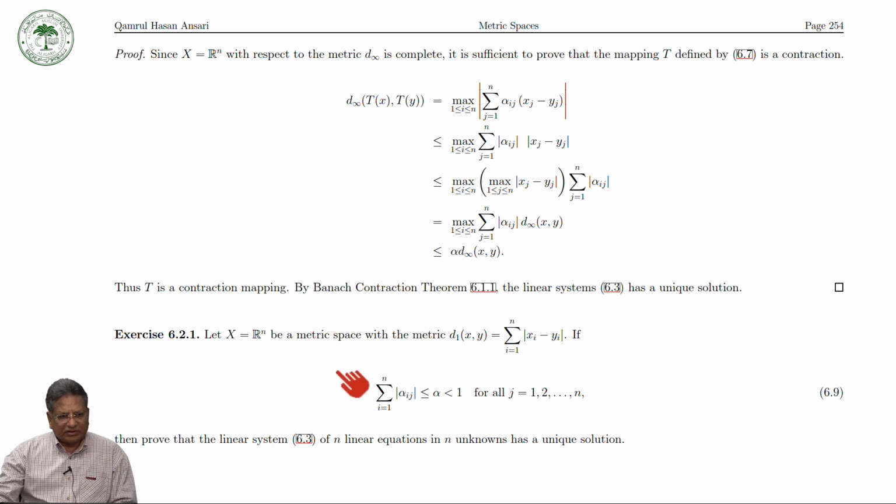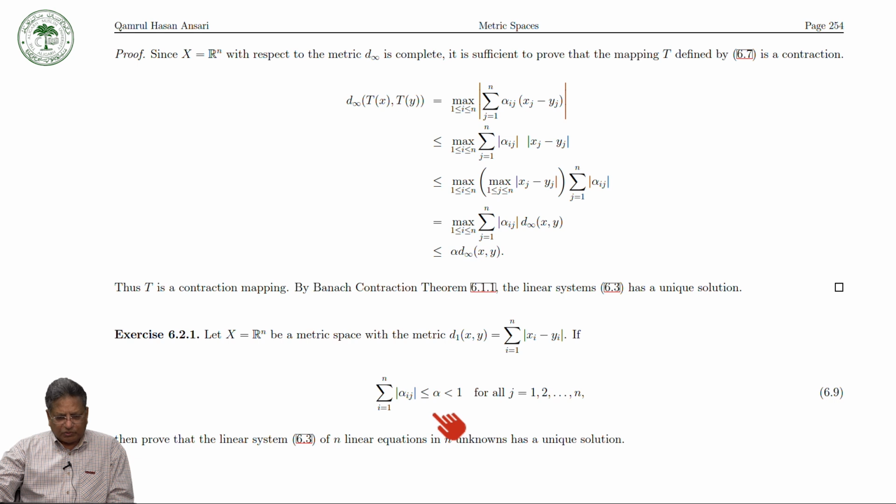Now for the other case, we have an exercise. If X equal to Rn is a metric space with the metric d1(x, y) equal to the summation, i runs from 1 to n, of |xi minus yi|, and if this condition holds, that is, this is less than 1, then the linear system of equations in n unknowns has a unique solution.